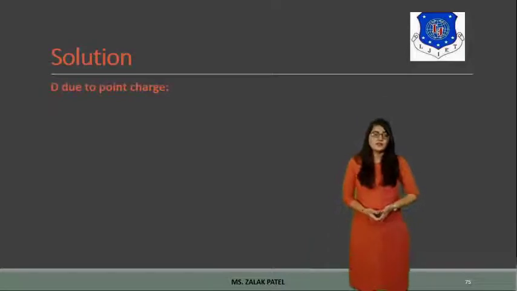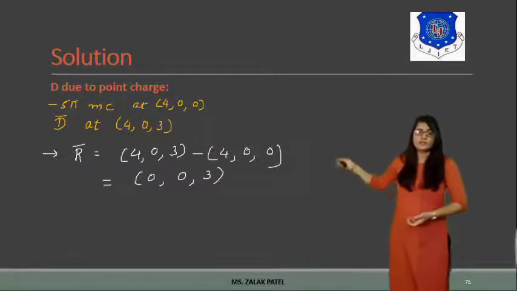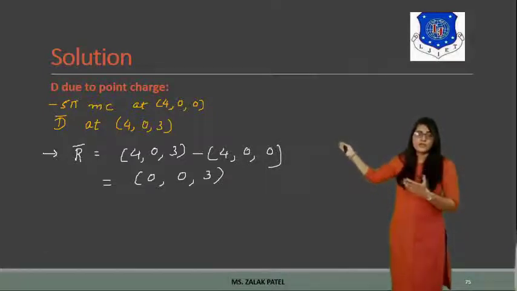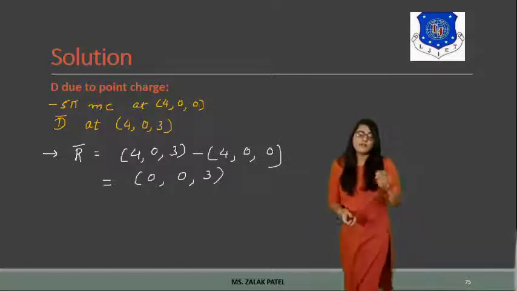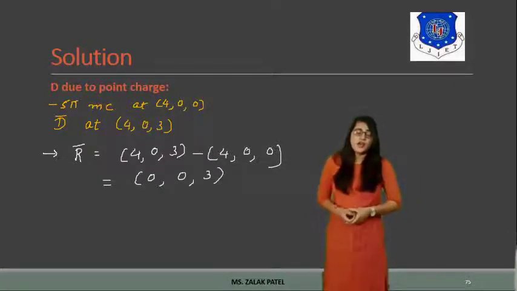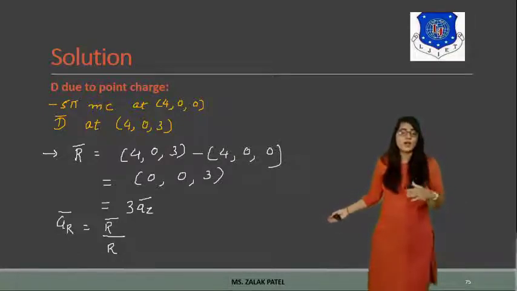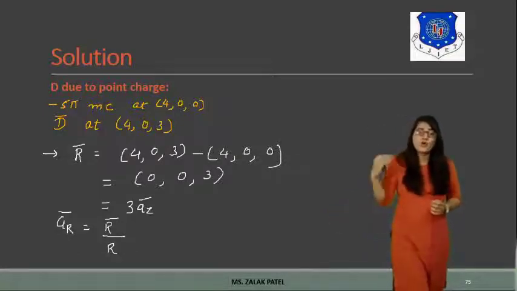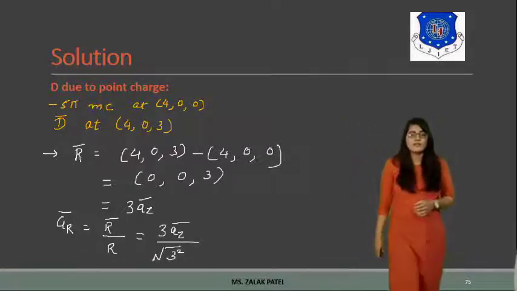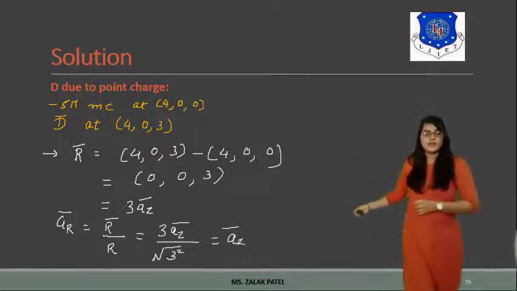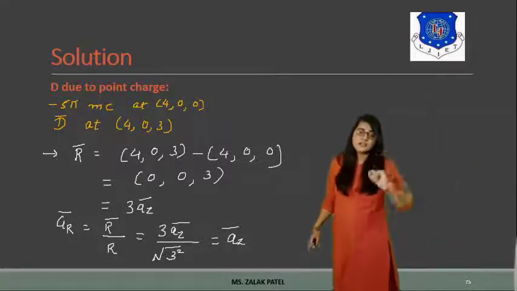So let's do the calculation for the point charge. That is what I said, (4,0,3) minus (4,0,0). So our distance vector is (0,0,3), and the unit vector is vector upon magnitude, meaning 3az upon square root of 3 squared. The square root and square cancel out and the remaining is az bar, because only the third coordinate is present and the given system is Cartesian.